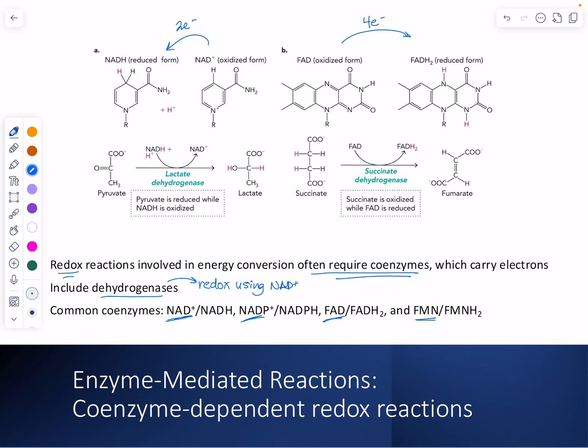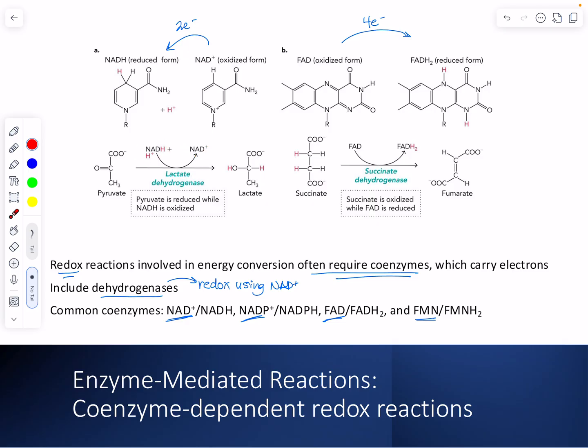All right, so here we have an example of taking pyruvate, and the pyruvate gets reduced to lactate, right? So we're reducing here, we're adding hydrogens. And the thing that gets oxidized, the source of our hydrogens and associated electrons, is NADH. Okay.